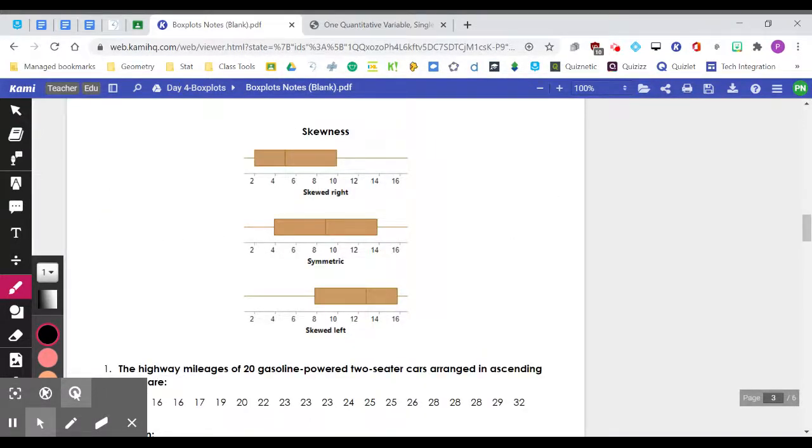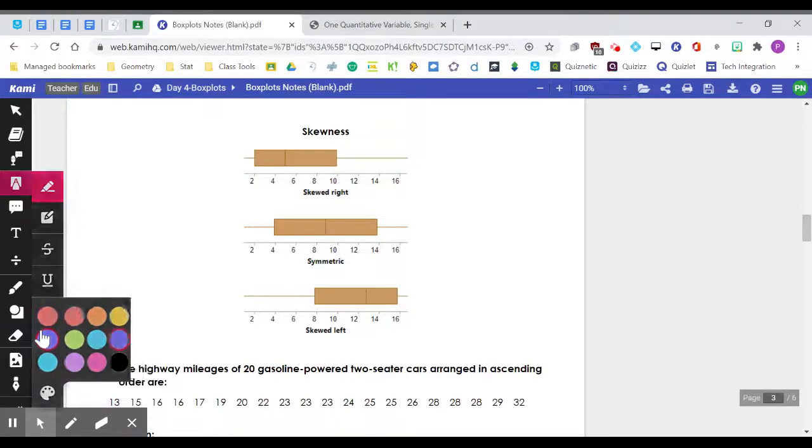All right, so prior to this lesson, you learned about skewness and modality. So we can talk about a box plot being skewed either to the right or to the left, or being symmetric by looking at the tail. And by the tail, we mean looking at the whiskers. So here I can look at my whisker here being much longer on the right-hand side, which is why this graph would be skewed to the right.